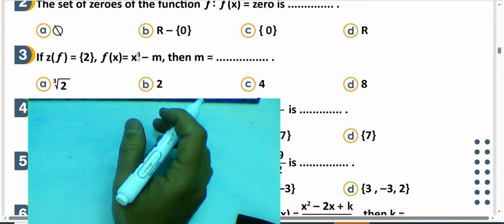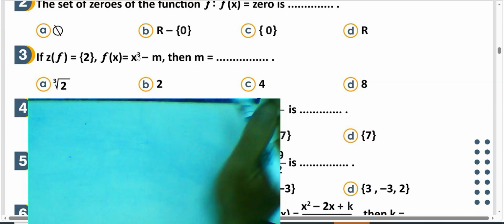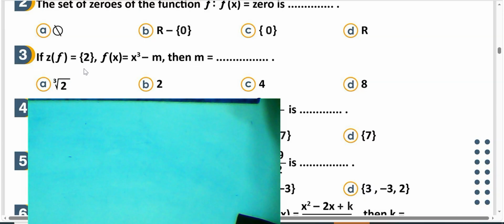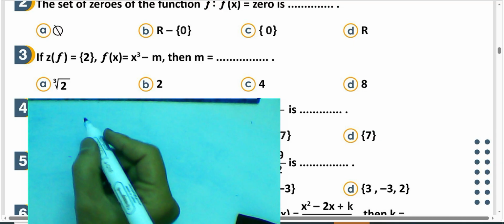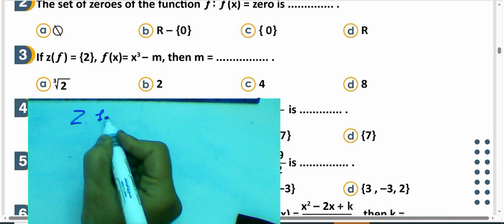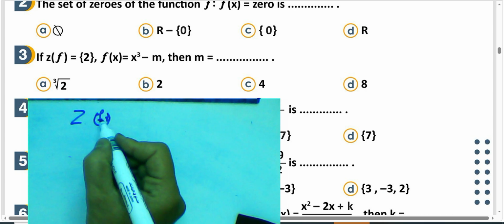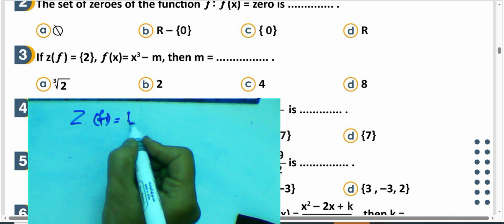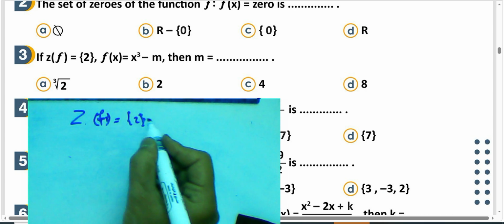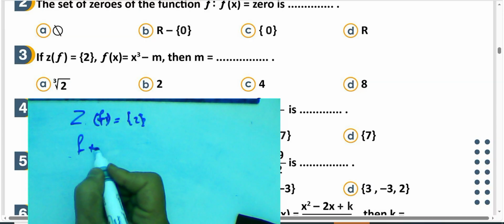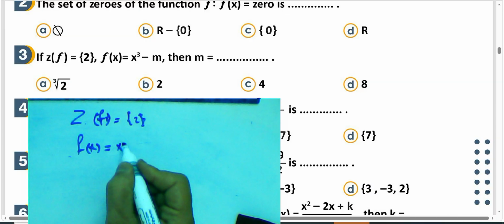Next question. The zeros of the function f equal 2, and f of x equals x power 3 minus m.